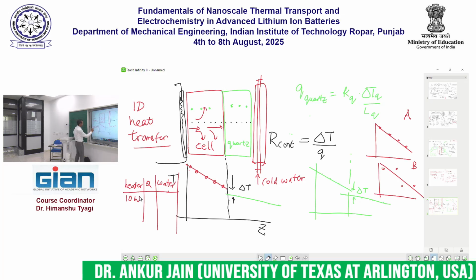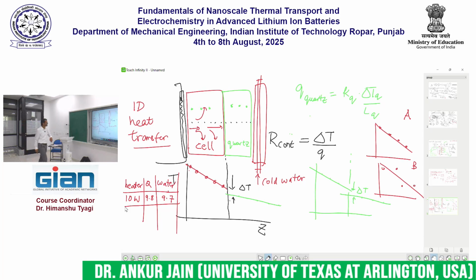I'm just giving some numbers here. This is 9.8 and this is 9.7. Do these numbers look reasonable? Any burning problems from these numbers?